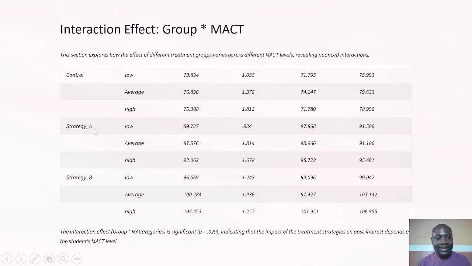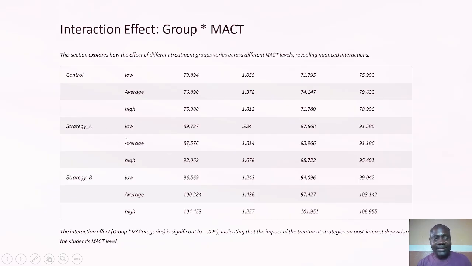Now look at strategy A. In strategy A, the students with the highest mental ability, in that class there are average students, there are low mental ability students. The one with the highest here is also 92.062, and the least is average.